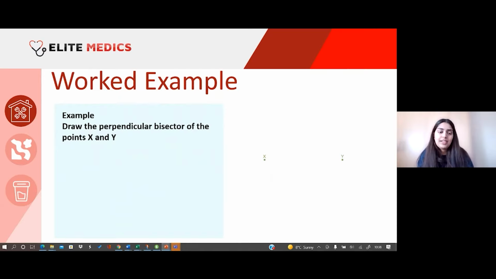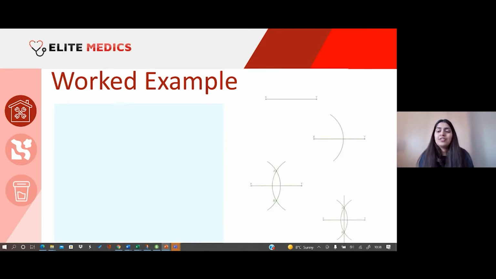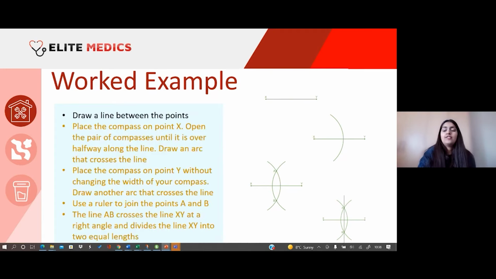We need to draw the perpendicular bisector of the points X and Y. And for that, first of all, start with a compass. All you have to do is place the point of your compass at X, and then open the pair of compasses until you've reached a point where your pencil is way past the half mark.